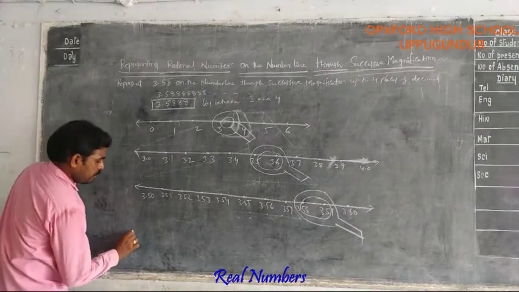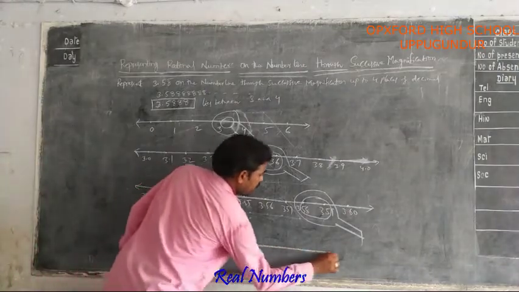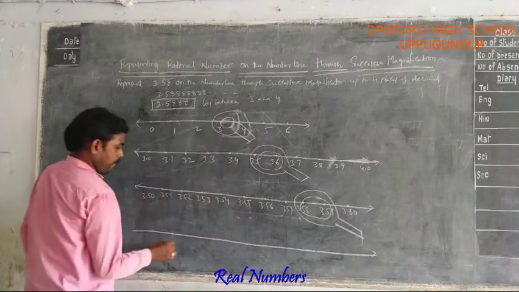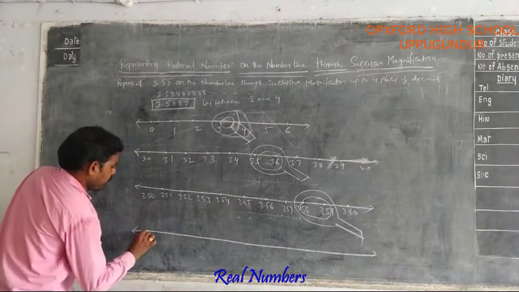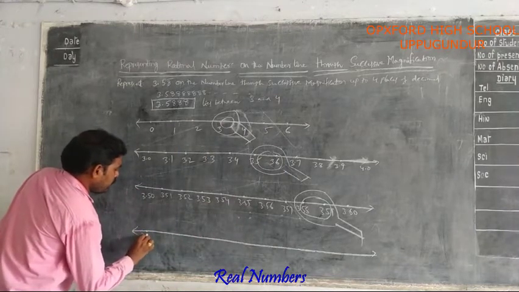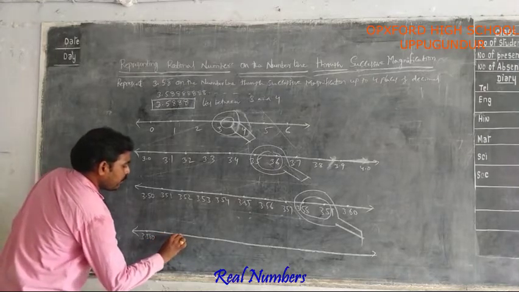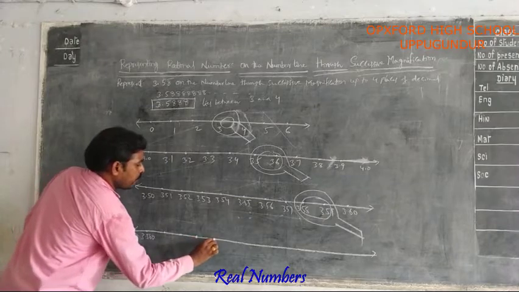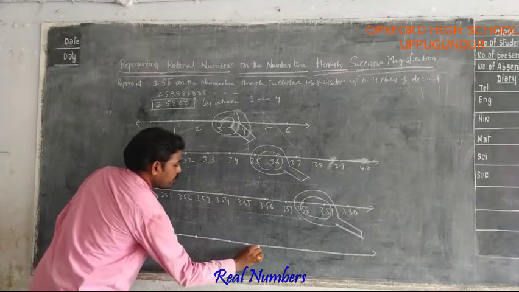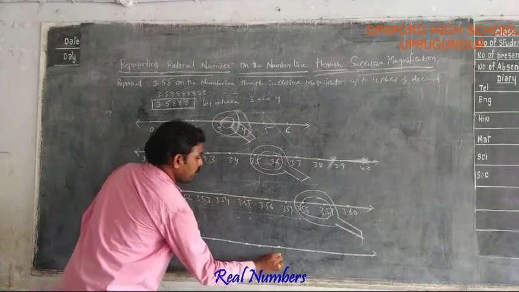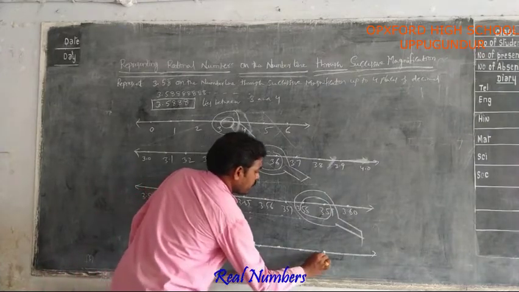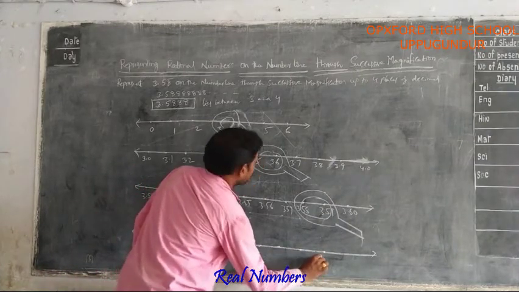So again you have to draw another number line: 3.580, 3.581, 3.582, 3.583, 3.584, 3.585, 3.586, 3.587, 3.588, 3.589, 3.590.